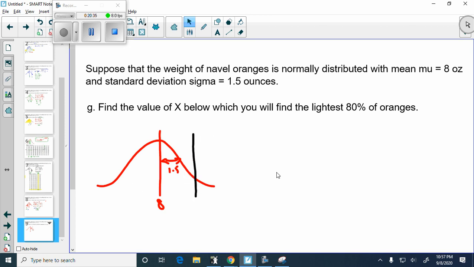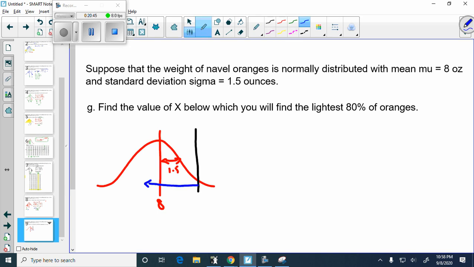I'm not exactly sure where, but I do know that this shaded blue region has to be 80%. The lightest 80% are over there.